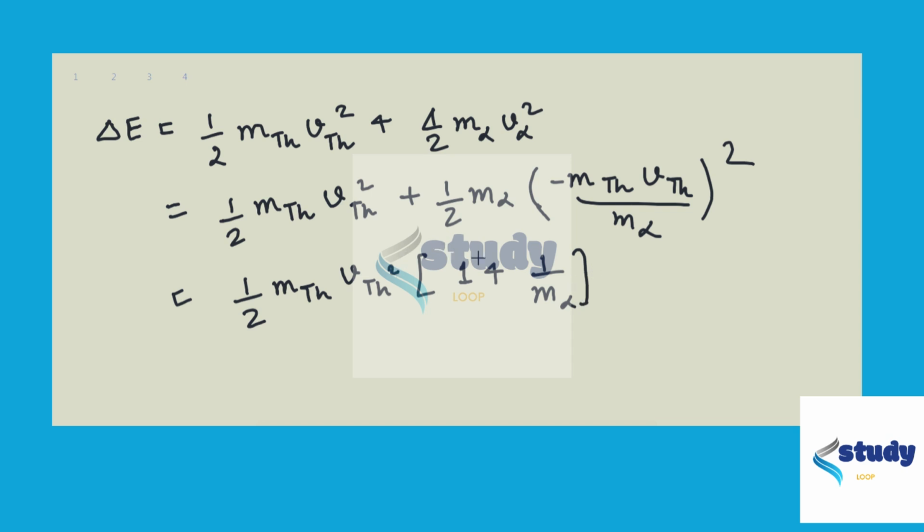See, the power cancels, m alpha, so you're left with just this now, and we know this will be the delta E. So if you put everything back here, you also need to change the units because this was in 931 MeV.